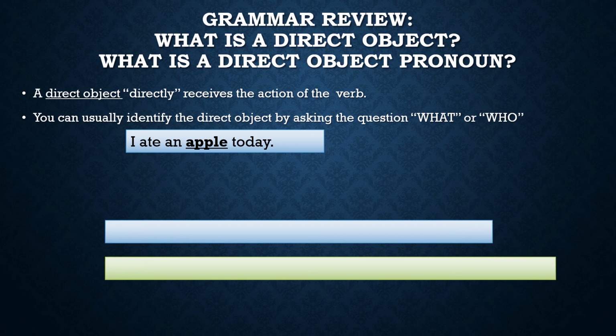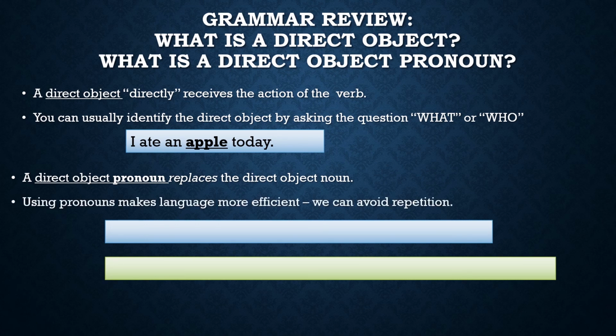So what is a direct object pronoun? Well, pronouns can take the place of nouns, right? And so a direct object pronoun would replace the direct object noun. And what's the point? Well, let's see. I could say, I ate an apple today. The apple was delicious, right? And then I'd have to repeat apple, apple, but that's a little repetitive.